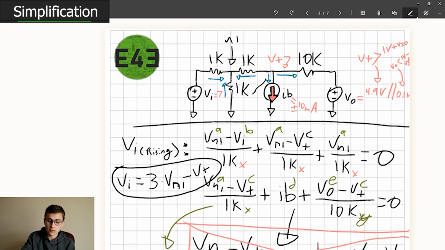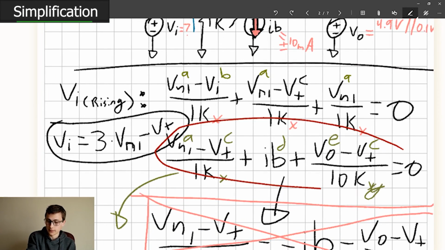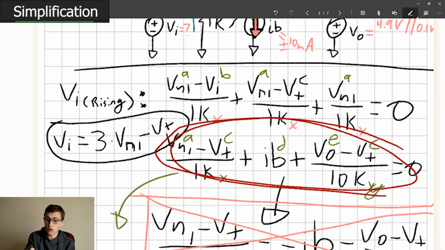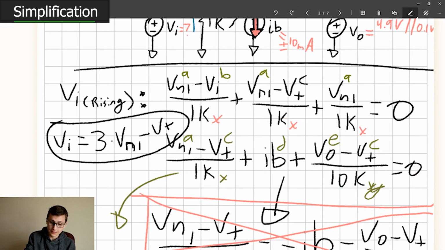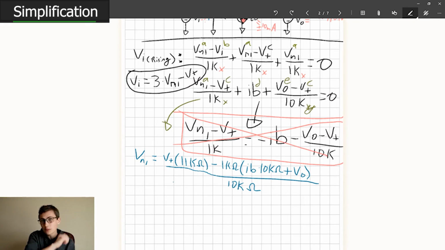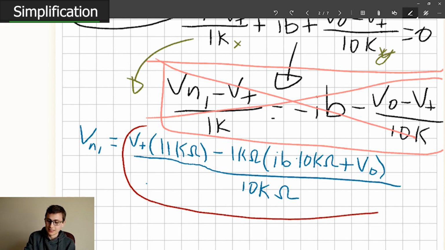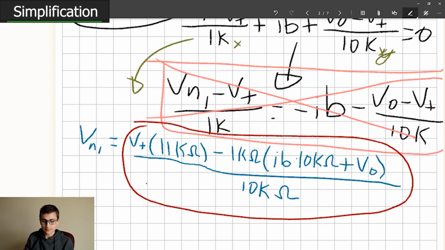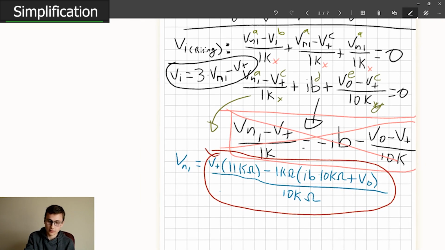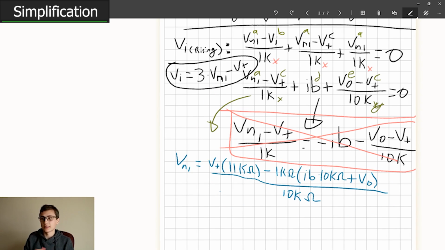So we need to use our second equation to solve for V_n1. Unfortunately, that was not quite so simple. And solving that turned into this disgusting polynomial right here. And then what we did is we plugged in this for V_n1, combined the two equations, and boom, we've got something that we can work with.